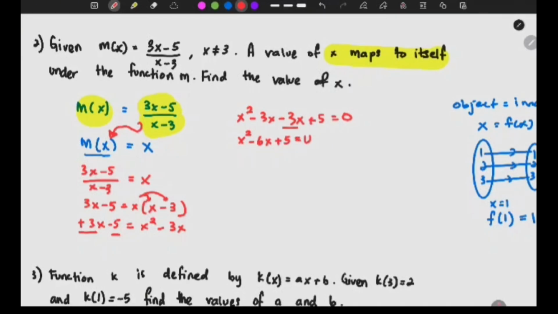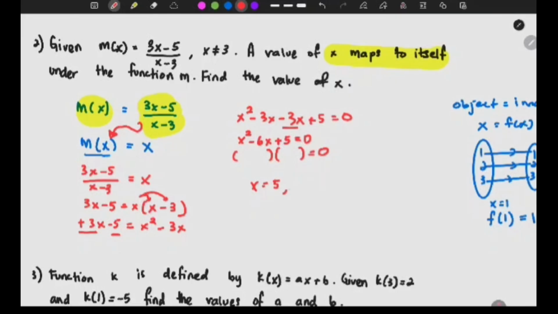So you get x equals 5 and 1. So you can actually make it (x minus 5)(x minus 1). And there you go. I find the value of my x. It can be more than 1. Remember I told you just now? That's the thing. So we're done with this question. Let's move on to next.